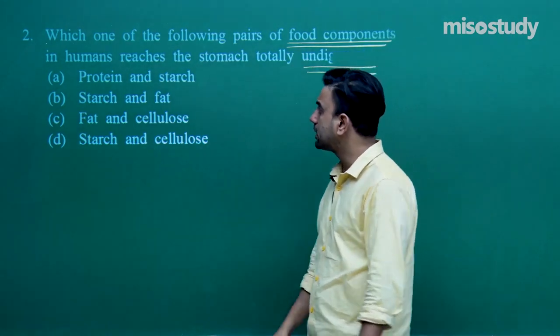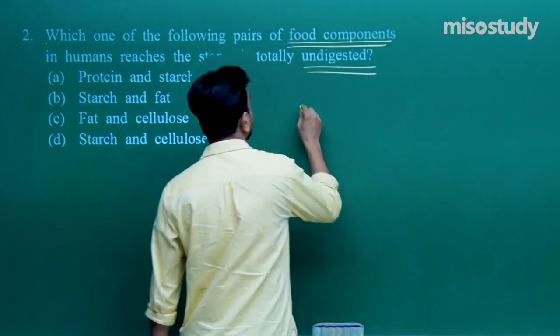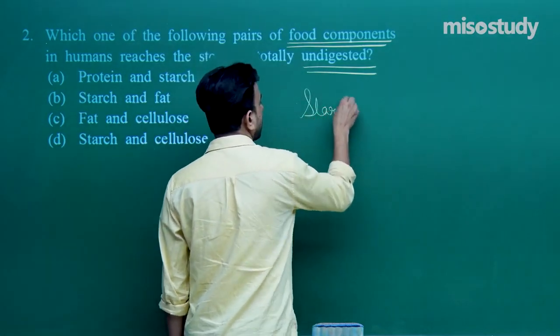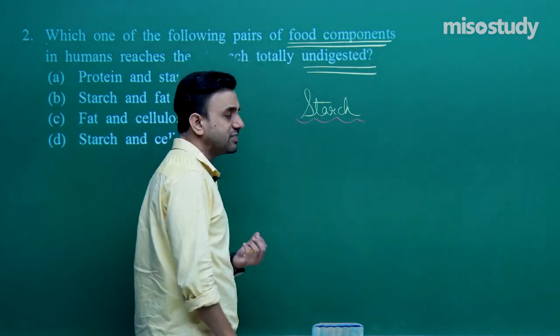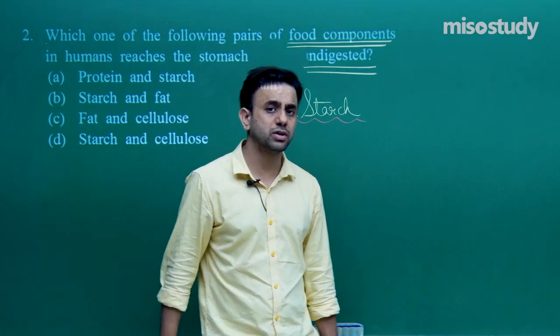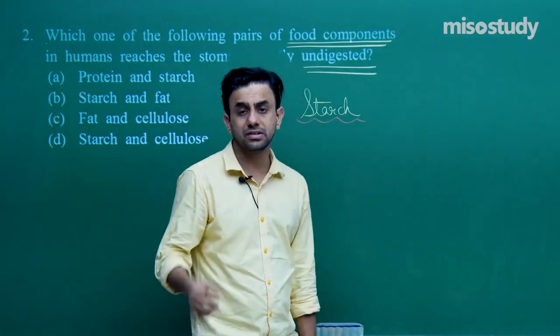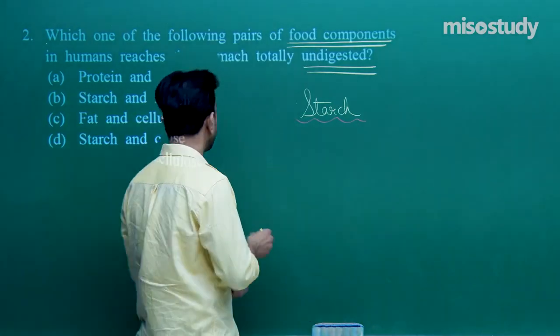First of all, let's talk about the starch component. Starch is present in normal food, and our saliva has an enzyme called salivary amylase, also called ptyalin.